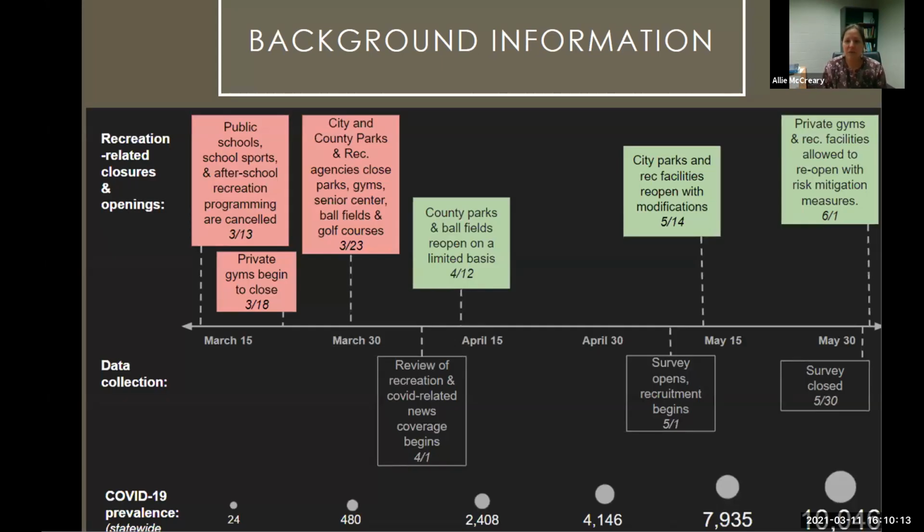This is another example that I used. Actually, a graduate student of mine recently developed this. We were looking at the impact of recreation closures due to COVID on recreation behaviors here in Bowling Green. And so she created this really nice graphic that showed when public and private recreation facilities closed and then when they reopened. So that's along the top of the bar, and then underneath when she was completing different research tasks along that same timeline.